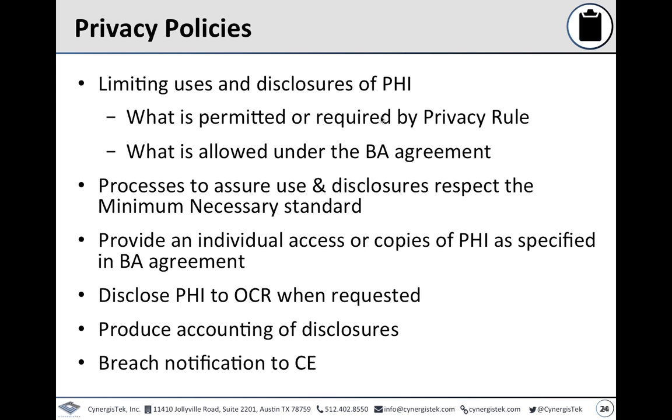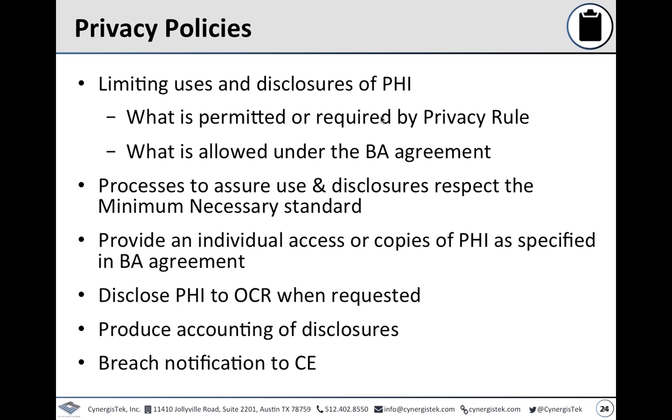So if you're a business associate, there are certain steps that you should take. You should put in place the privacy policies that are required under the privacy rule for business associates.